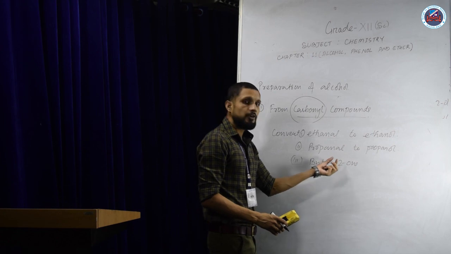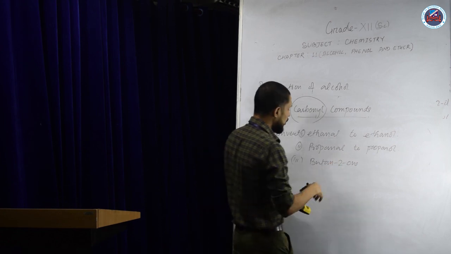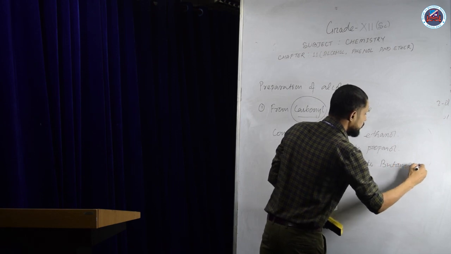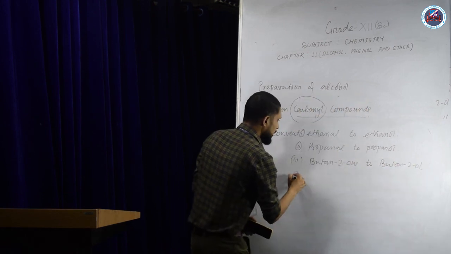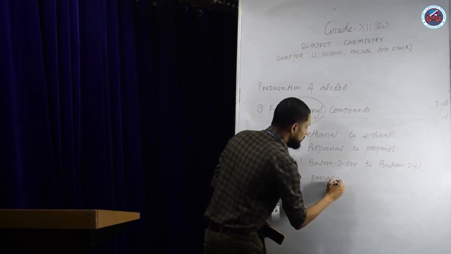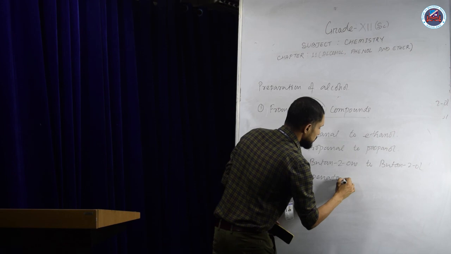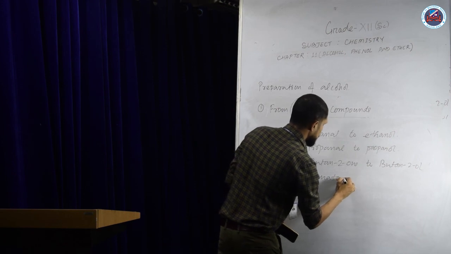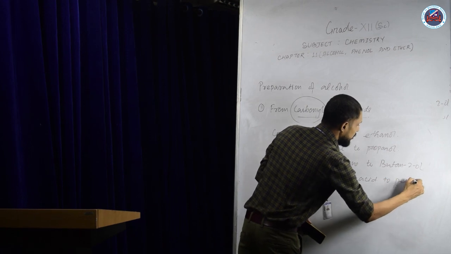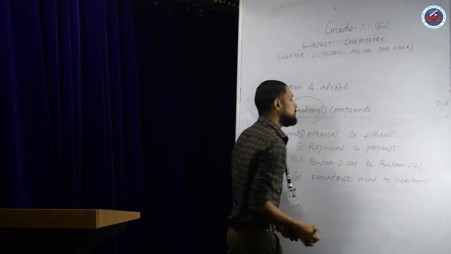The carbonyl group is present at carbon 2. So convert butan-2-one to butan-2-ol. Or say convert pentanoic acid to pentanol.